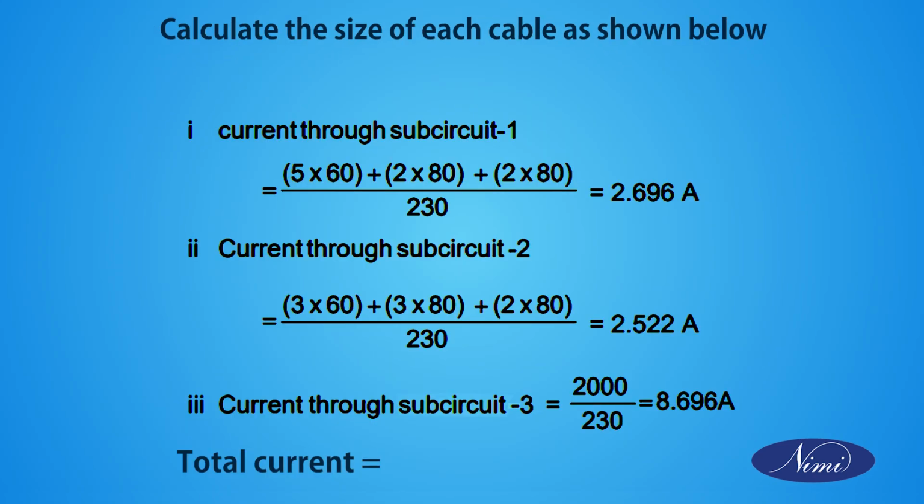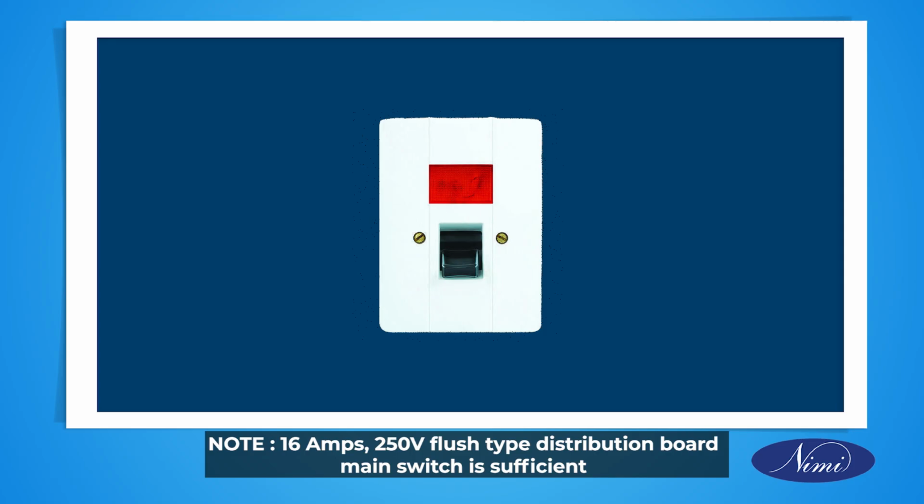Total current is equal to 2.696 plus 2.522 plus 8.696 is equal to 13.9 amps. Note: 16 amps 250 volt flush type distribution board main switch is sufficient.